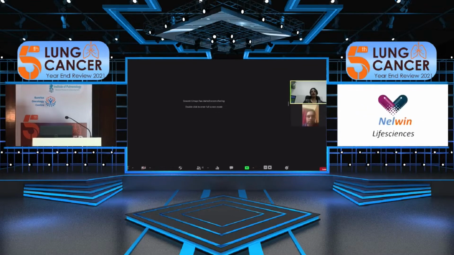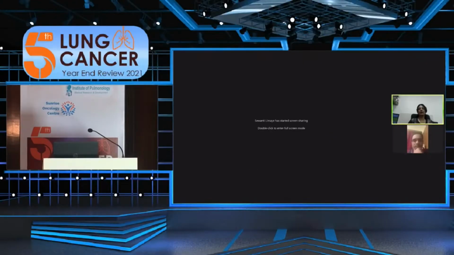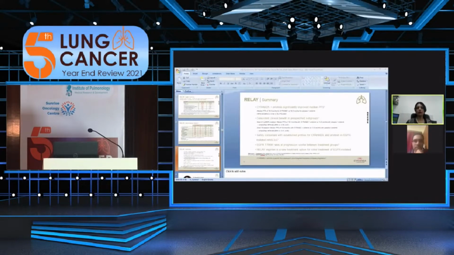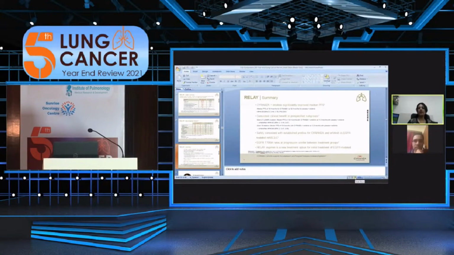Today, advanced adenocarcinoma lung is categorized in very different forms, and it's extremely critical to understand what exactly we are facing and what therapy to design for our patients.